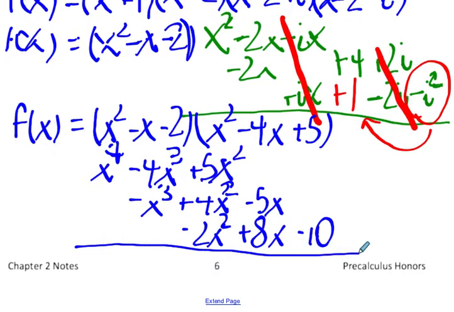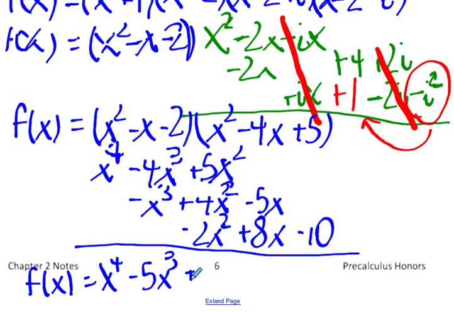So I have that the function f of x is equal to, so I have x to the 4th minus 5x cubed plus 7x squared plus 3x minus 10. So that is your first function.